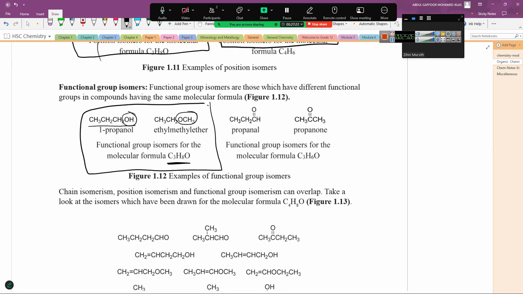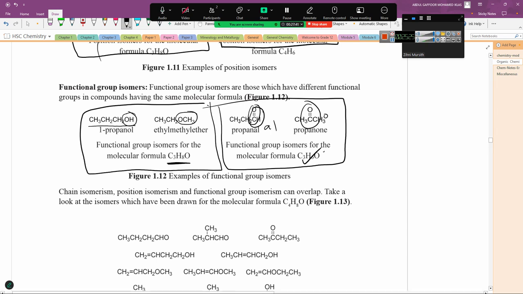So the functional groups are different for the same molecular formula. And here also the same thing is happening. This is the same, but here it is 'al', here it is 'on'. See here 'al', here 'on'. So they are different. So these are examples of functional group isomers.